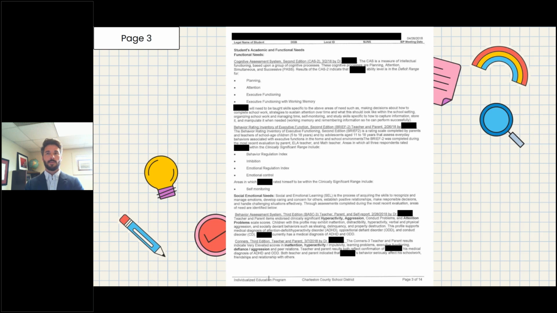Now, the DSM, for instance, is a little bit different than maybe the criteria used for diagnosing kids under the IDEA. But we don't need to get in the weeds of that. That's a little bit over my head too.